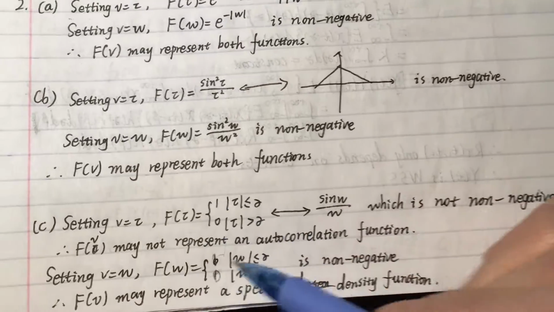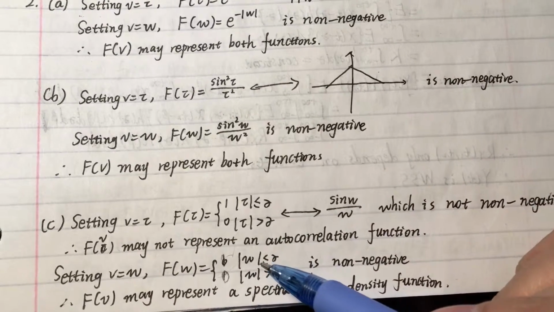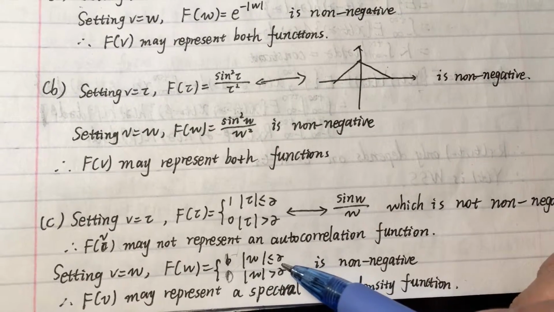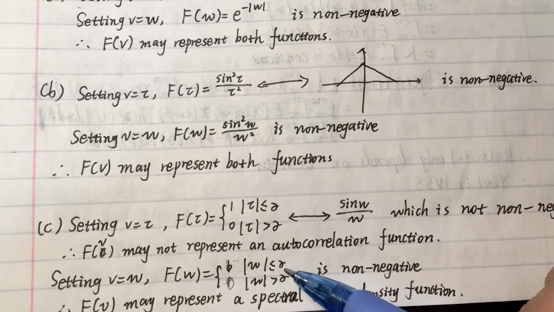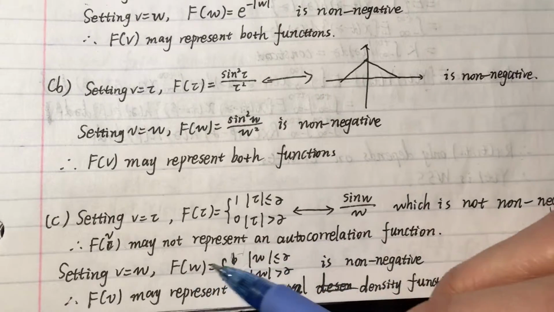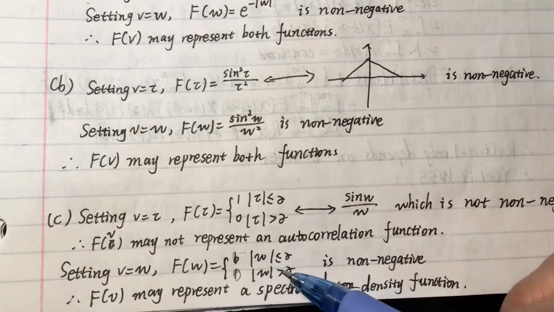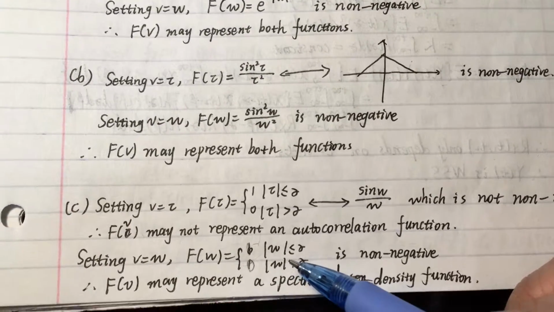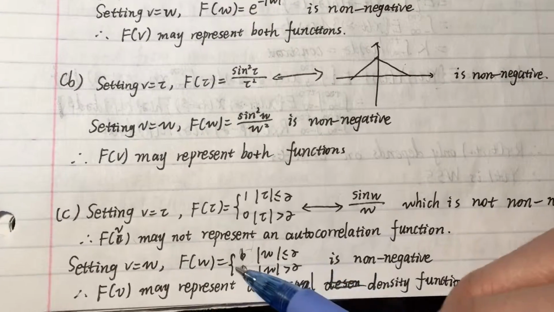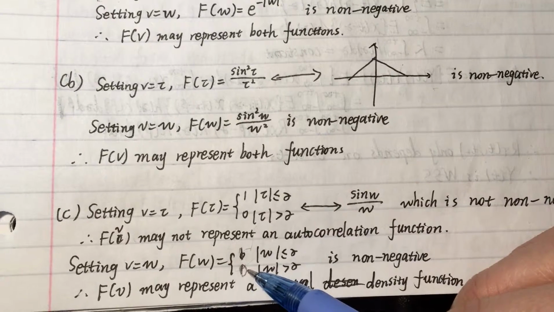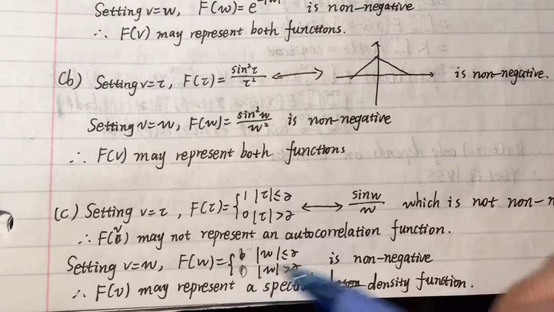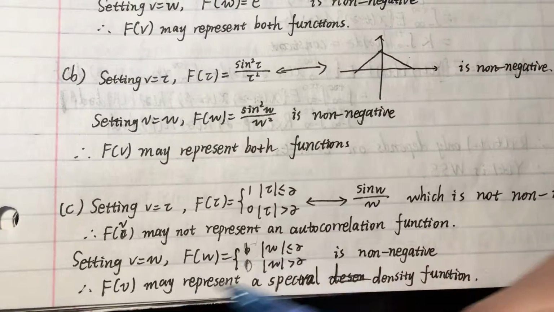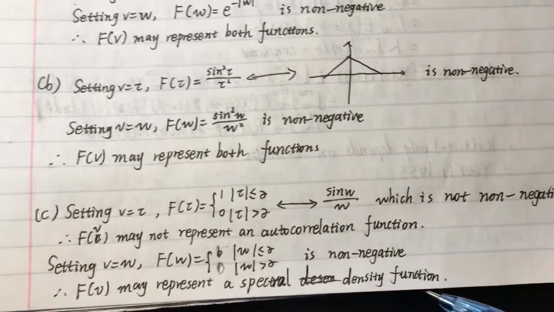So when the absolute value of w is smaller than or equal to alpha, f(w) equals 1, and when the absolute value of w is larger than alpha, f(w) equals 0, so this one is non-negative, so f(v) may represent a spectral density function.